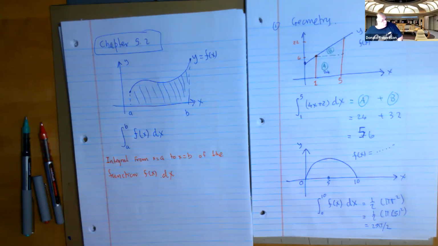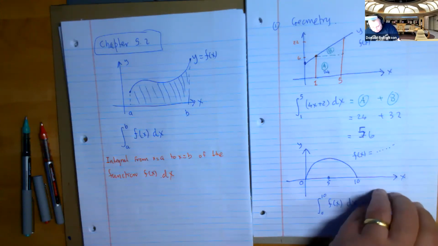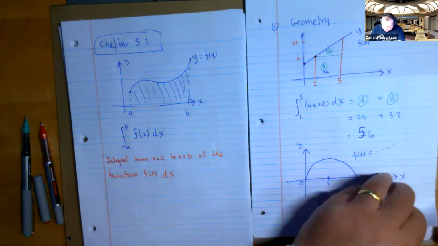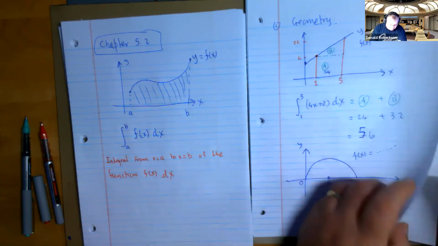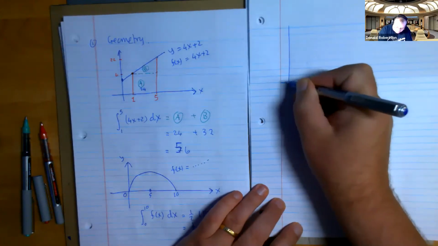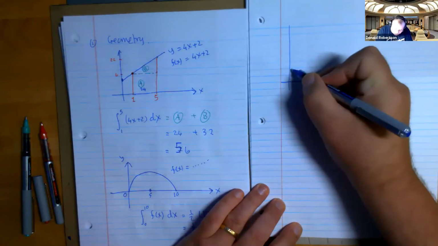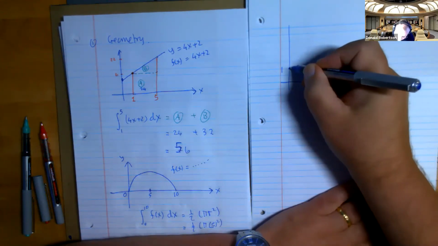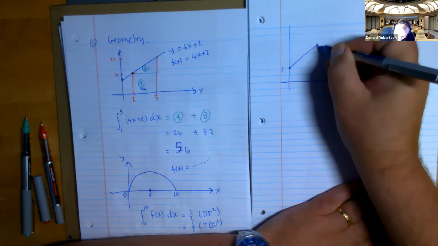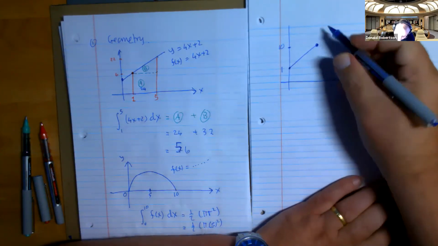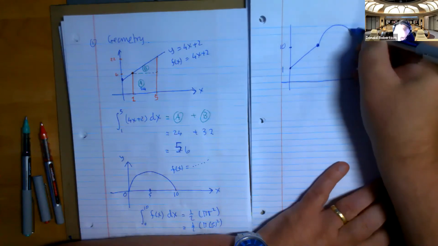I know how to get triangles, rectangles, and circles and put them together. So you might get a shape, in fact, I know you will get a shape, that looks something like this. Still geometry. Let's suppose the shape starts at 1, goes up to 10, then it curves like that.